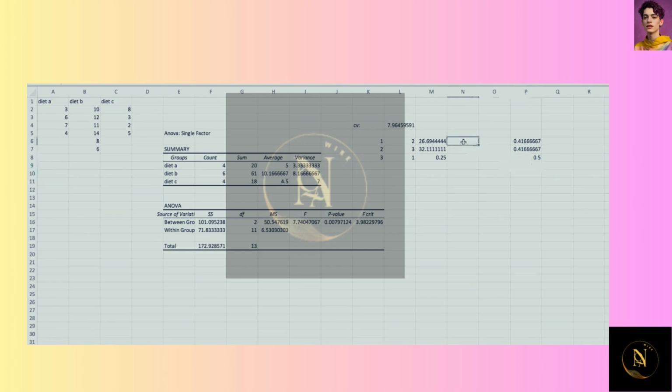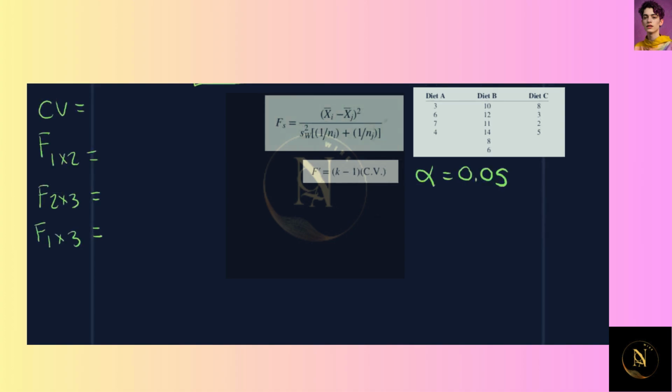Okay, and now we are going to take our mean squares within group and multiply it by that value we just calculated. So we're doing the denominator part of the test statistic.